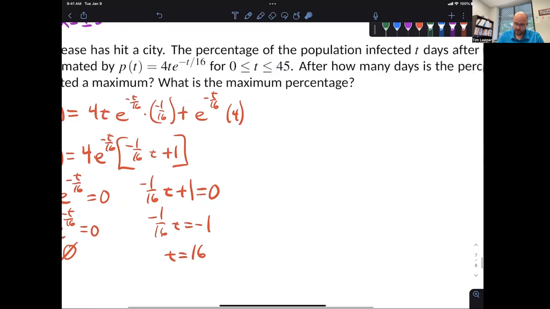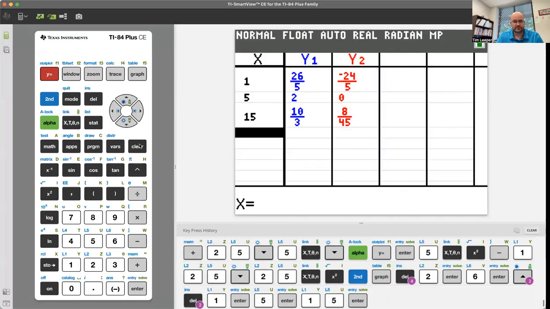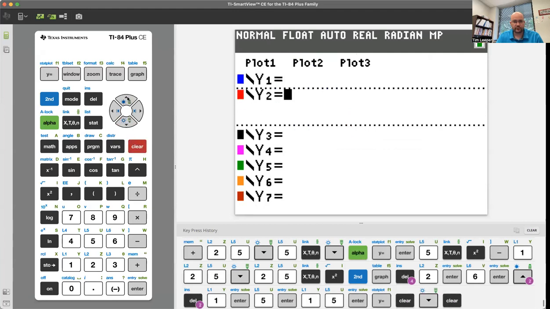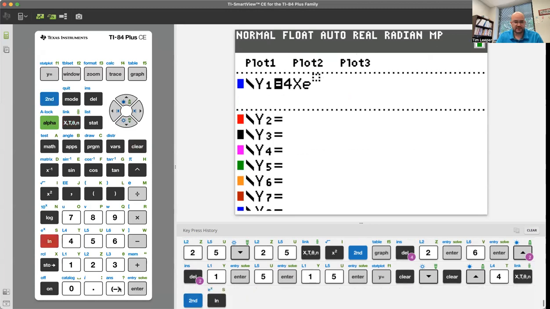So let's create a table. We're going to do t and P of t, not the derivative, but the original function. We need the first value of 0 and the last value of 45, as well as the critical number of 16. So let's go to the calculator and type these in. On y1, I'm going to type in the original function, 4x e to the negative x divided by 16.